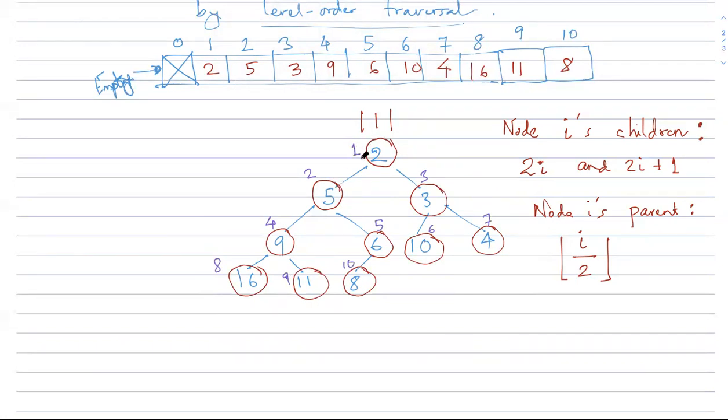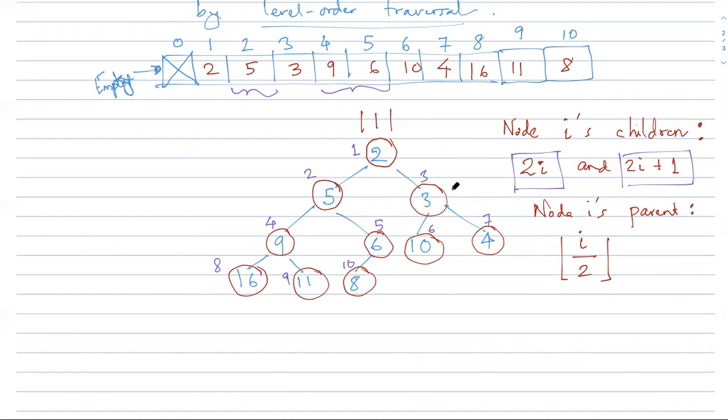Now you can note carefully that if I take this node containing the key 5, the index of that is 2. If I want to go to its children, what do I apply? 2 times i, so 2 times 2, which is 4, and 2 times i plus 1, which is 5. So the fourth and the fifth entry will be the children for this particular node.